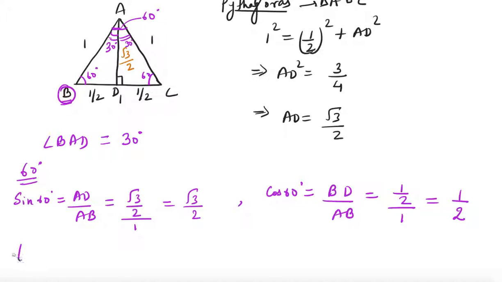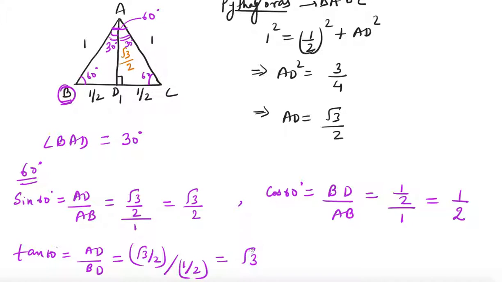Then I have tan 60. Tan 60 is perpendicular by base, that is AD by BD. AD is root 3 by 2 and BD is 1 by 2, so this ratio gives root 3. So I have sine 60 as root 3 by 2, cos 60 as 1 by 2, and tan 60 as root 3.